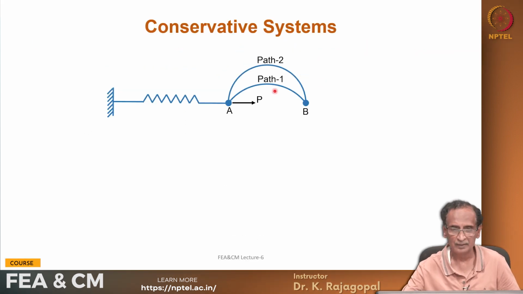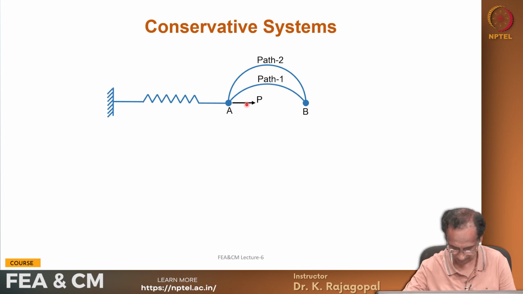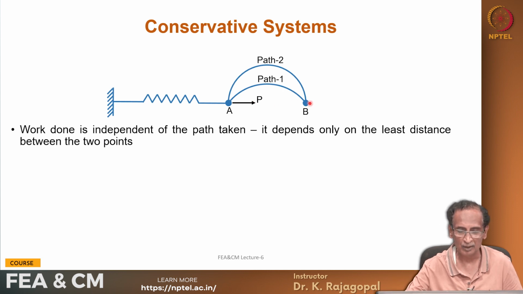In this process, we are going to look at only the conservative systems. A conservative system is a system in which the work done does not depend on the path. For example, let us say we move the load from point A to point B, and we could move it along the least length direction directly AB, a straight line path, or along curved path 1 or along curved path 2.